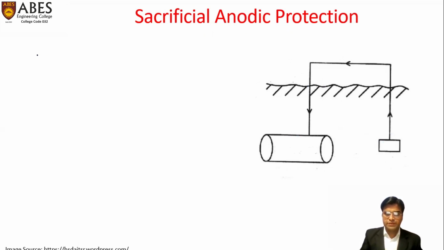For this purpose, we generally use zinc, aluminum, or magnesium metals which have highly negative reduction potentials. We can choose these metals or alloys, and these are the most commonly used sacrificial anodes.